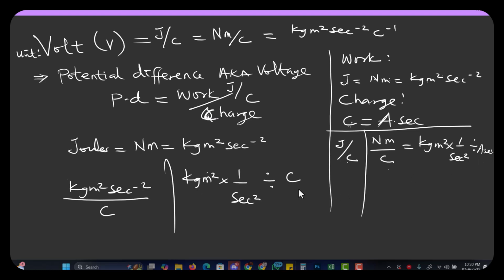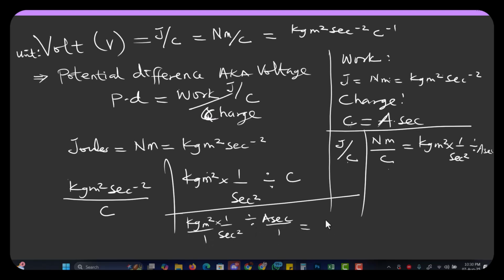So what I'm going to have here is kilogram meter squared times 1 over second squared, divided by ampere seconds, because of coulombs. And this is the same thing as over 1.